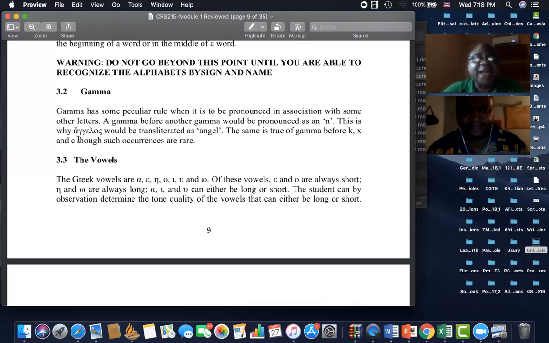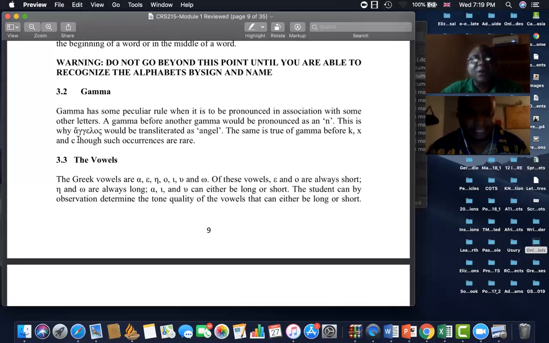Alpha, epsilon, eta, omicron, iota, upsilon, and omega. Now, of all these 7 vowels, epsilon and omicron are always short. We refer to them as short vowels. In other words, when you are pronouncing them, you are not going to give a long tone. Now, eta and omega are long.